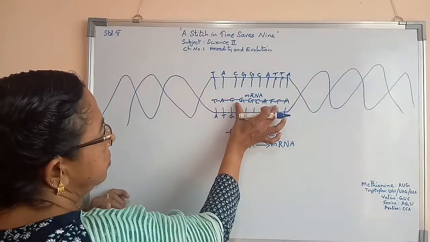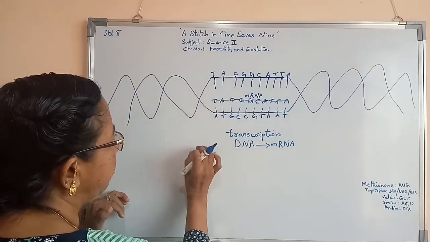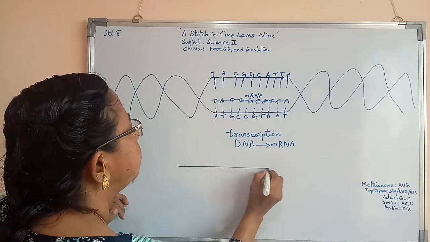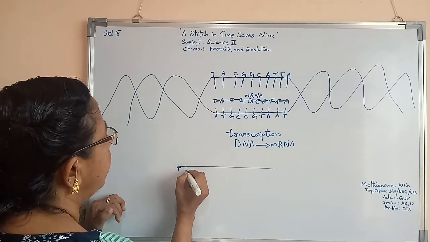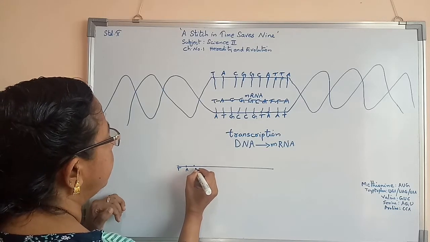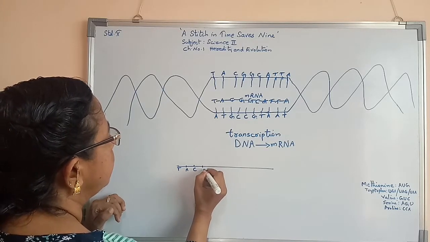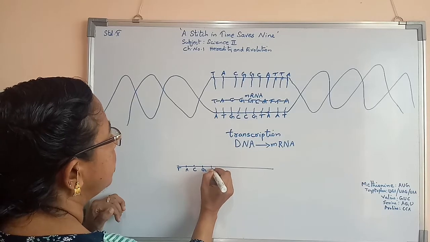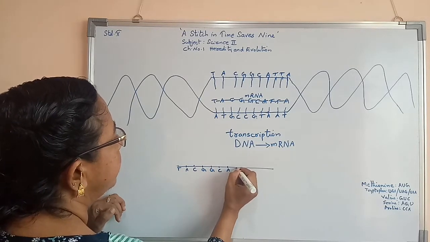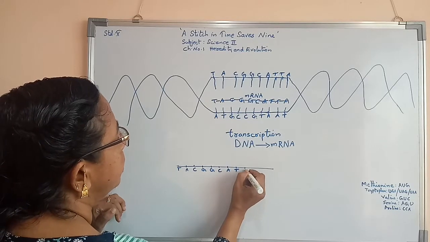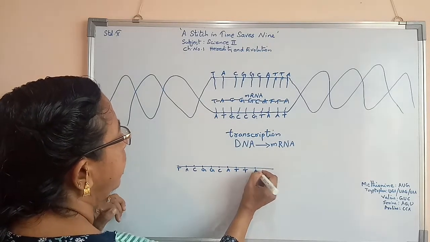Now here this part that is coming out, that I am showing you here, is T, A, C, G, again G, C, A, T, T, A.